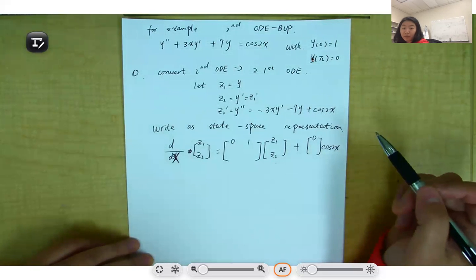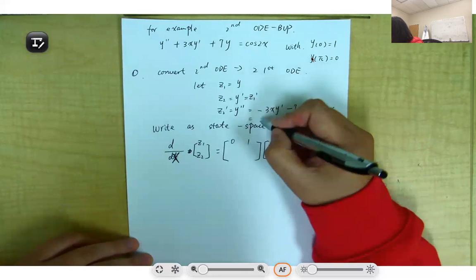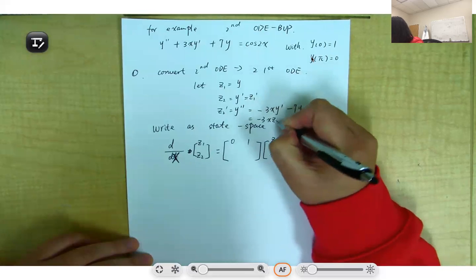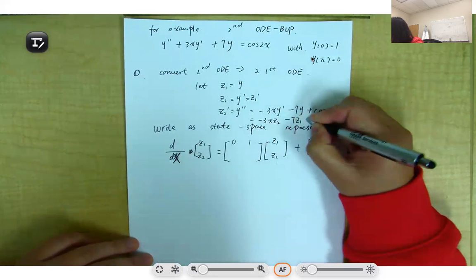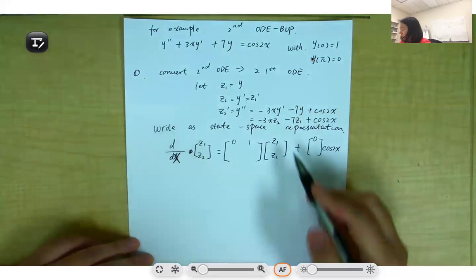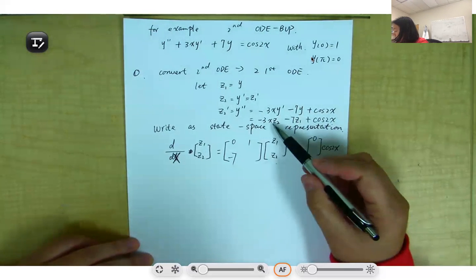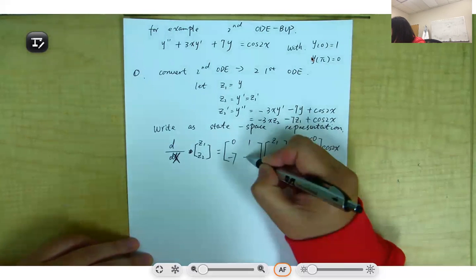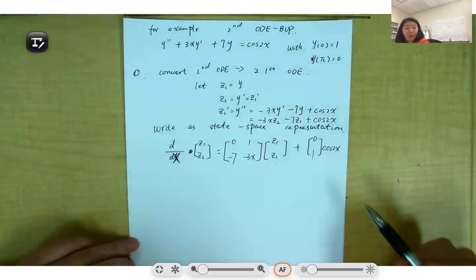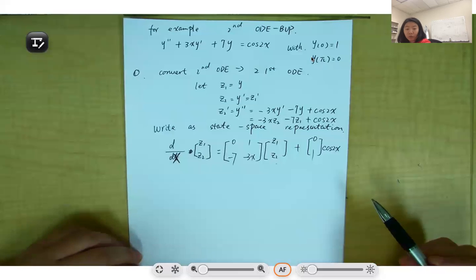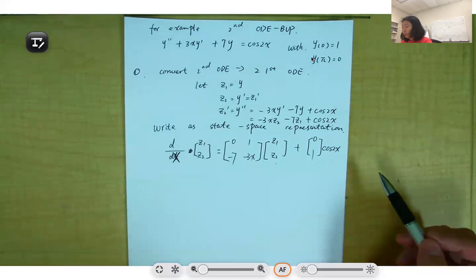Then we can write it as a function of z. y prime will be z2, so 3x z2, and y will be z1, so 7 z1, plus cosine 2x. So the coefficient for z1 will be minus 7, the coefficient for z2 will be negative 3x, and the forcing function is 1 here. So that is our state space matrices. Try to figure it out by yourself so that later you will know how to do this.